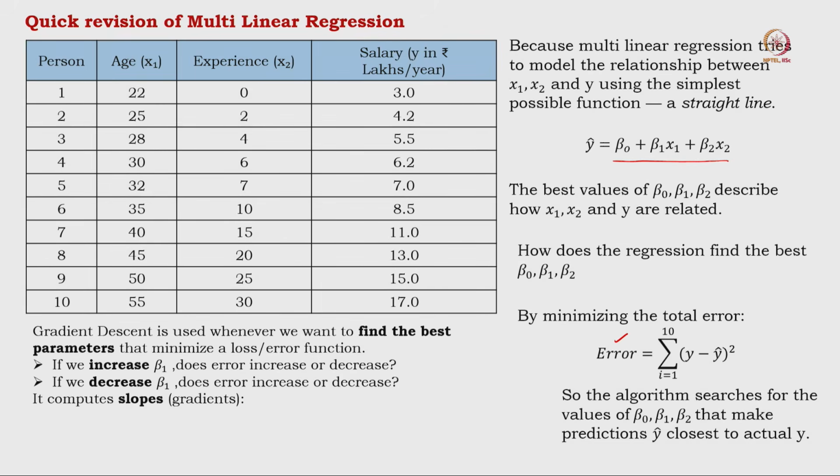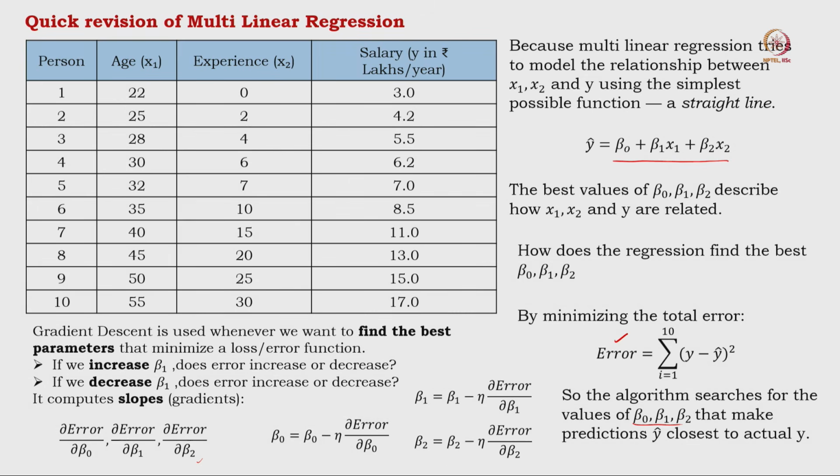How do you update these beta values? We use gradient descent, which is used whenever we want to find the best parameters. Here the parameters are beta naught, beta 1, beta 2. We compute the gradients: the derivative of the error with respect to beta naught, beta 1 and beta 2. Then we update beta naught as old beta minus learning rate times this gradient, and similarly for beta 1 and beta 2.